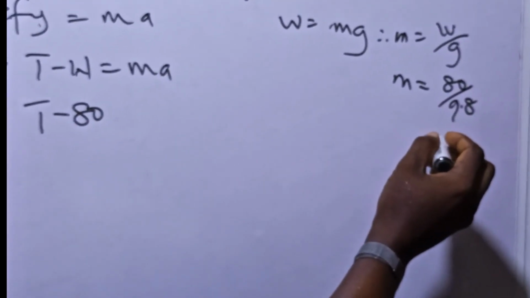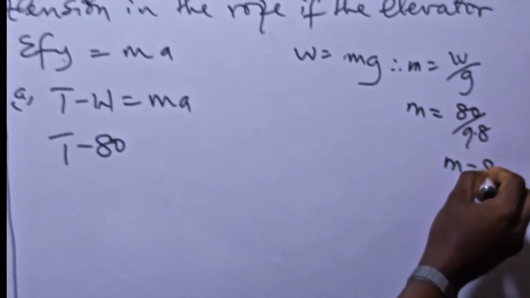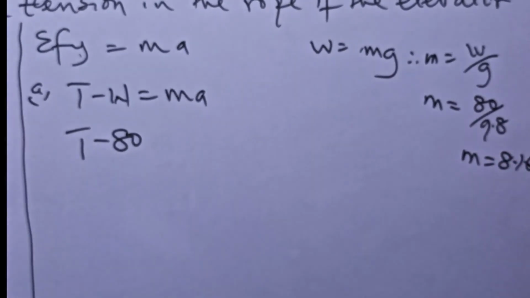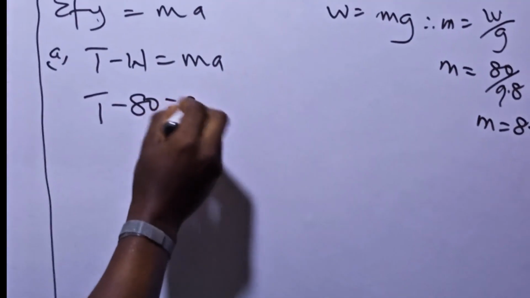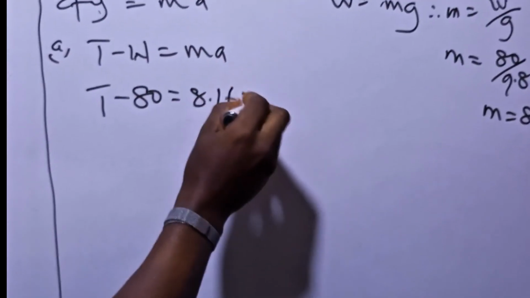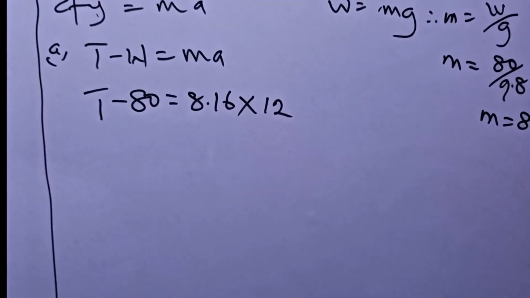If you divide 80 by 9.8, you will have the mass to be 8.16. Therefore, substitute that here, we have 8.16 times the acceleration, which is 12 meters per second square.